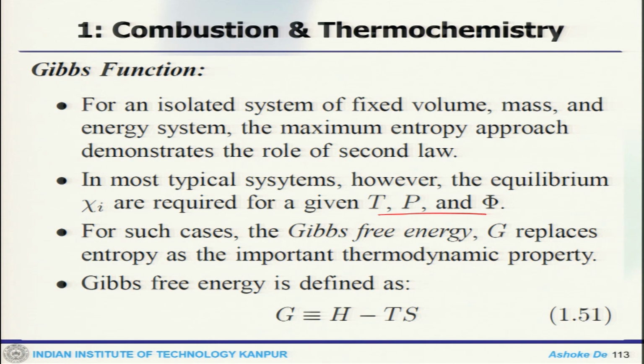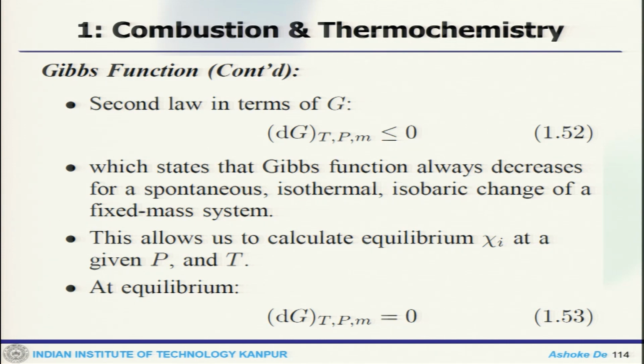Now, Gibbs free energy, which is defined using the enthalpy, T and S, gives you an idea what happens to the reaction. In terms of the second law, the change in Gibbs free energy is always less than or equal to 0, which clearly states that it always decreases spontaneously for an isothermal, isobaric change of a fixed mass system.